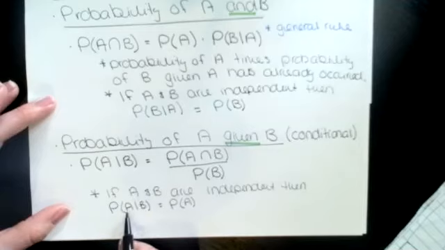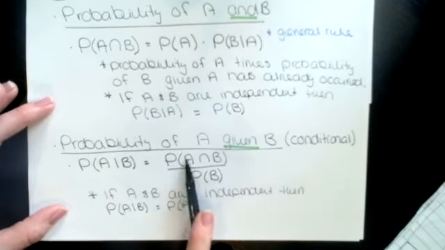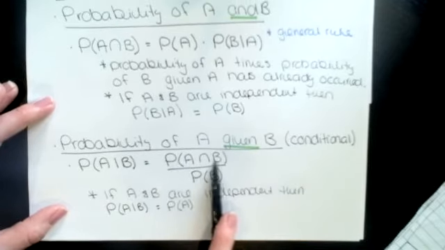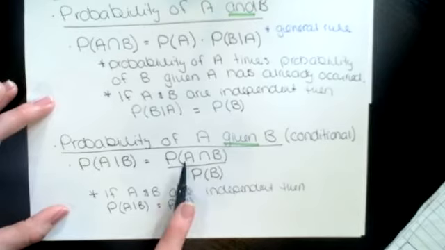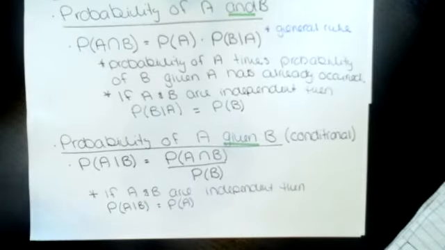If A and B are independent, then the probability of A given B is just the probability of A. Look at what would happen up here. If A and B are independent, then this formula would just be the probability of A times the probability of B, right? It would be my special case. And then the probability of B's would cancel out, and I would be just left with the probability of A. So it should make sense. Okay.